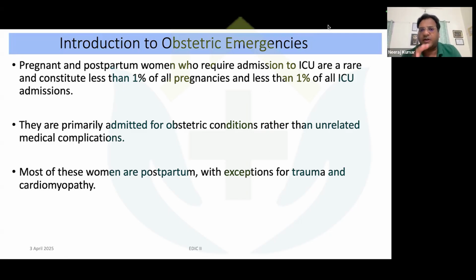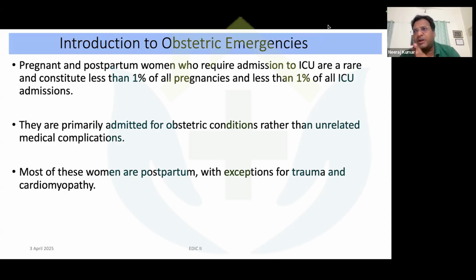I will cover various parts of obstetric emergencies. I have added trauma and pregnancy also: what are the consequences of trauma in pregnant patients, and how you are going to manage those patients. Then a few aspects about hemorrhagic problems in pregnancy, especially postpartum hemorrhage.